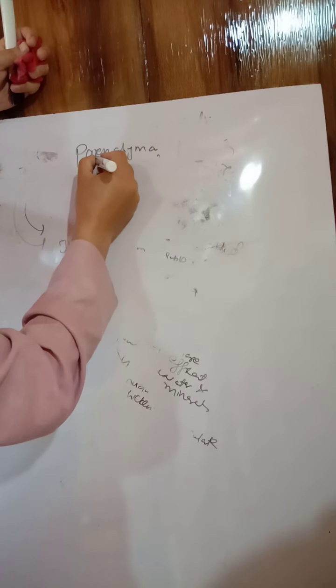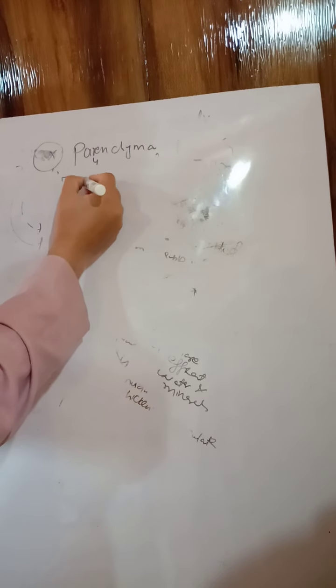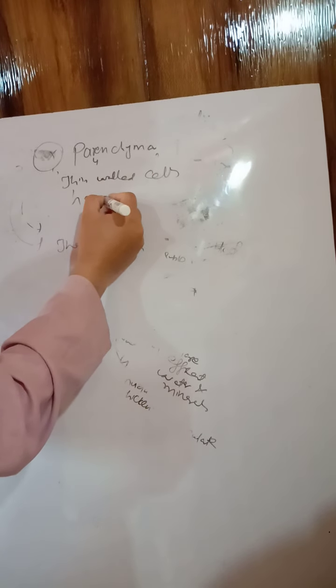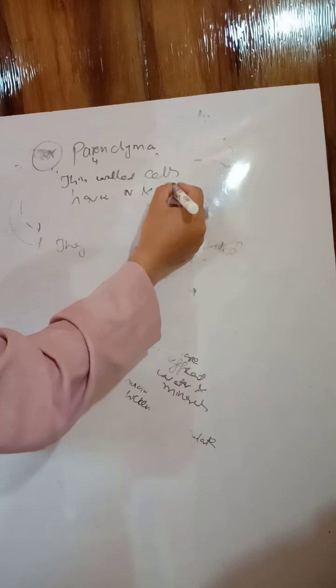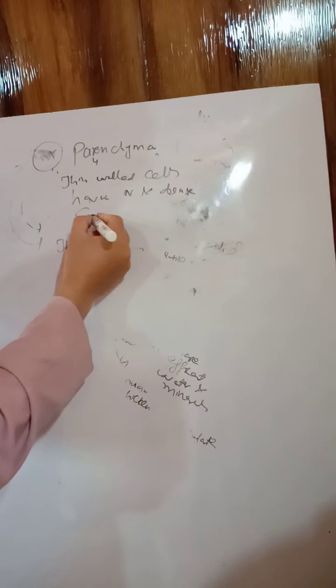The last component is parenchyma. Xylem parenchyma cells are thin-walled, having a prominent nucleus and dense cytoplasm.